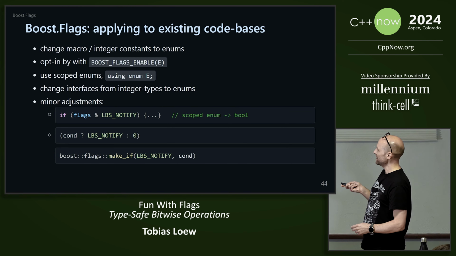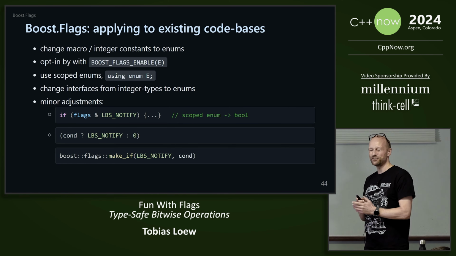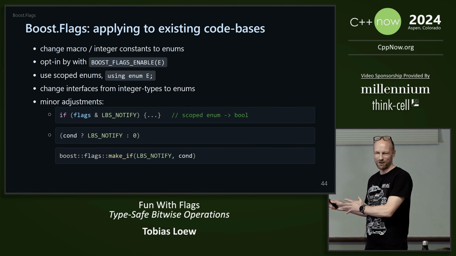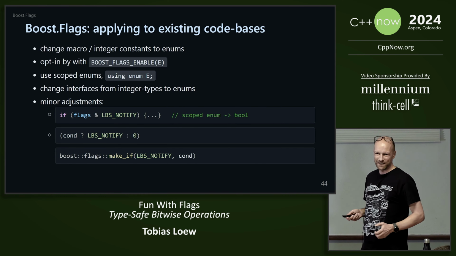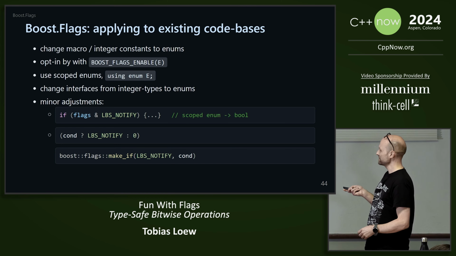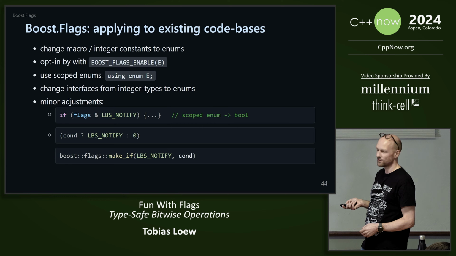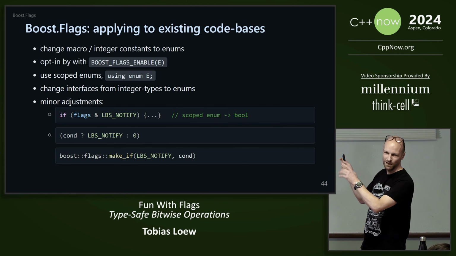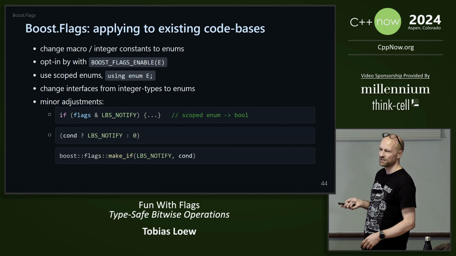If you have a conditional operator, here you simply can't help, because this is an enum, this is an int, and if this is a class enum, they will never get together. The language doesn't let you override the unification here. But there's a helper function, make_if, which you could use here, or you write your enum and curly brackets up here and simply generate the right type.